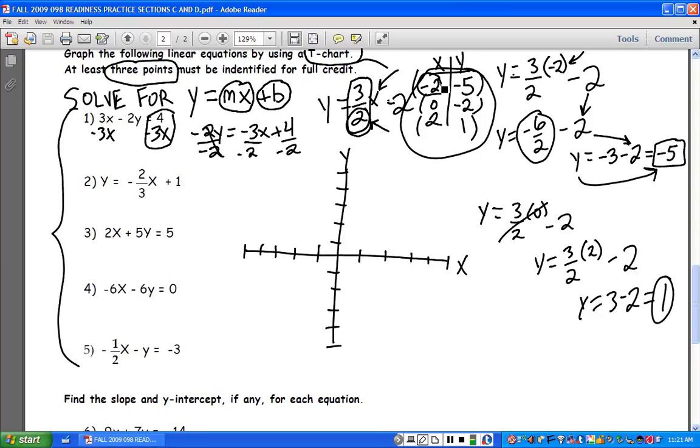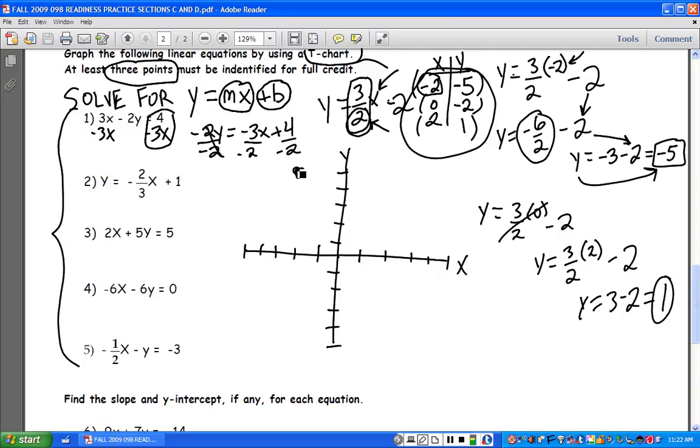Alright, so the first point is going to be this -2, -5. X is -2, y is -5. So from my origin, which is right here in the middle at 0, 0, I'm going to count left 2. That's my x is -2. Then I'm going to count up 1, 2, 3, 4, 5.